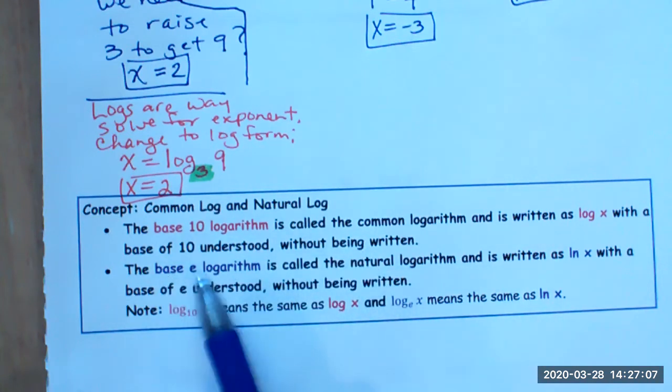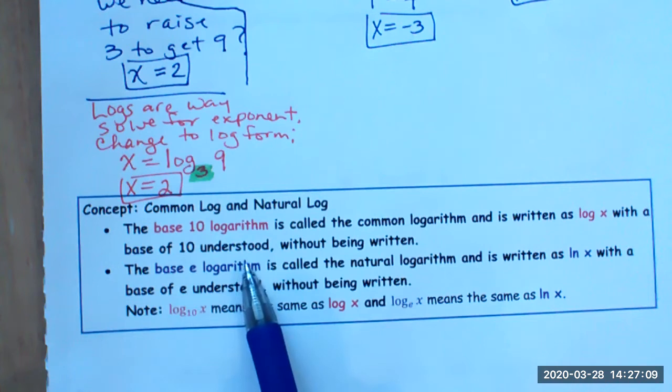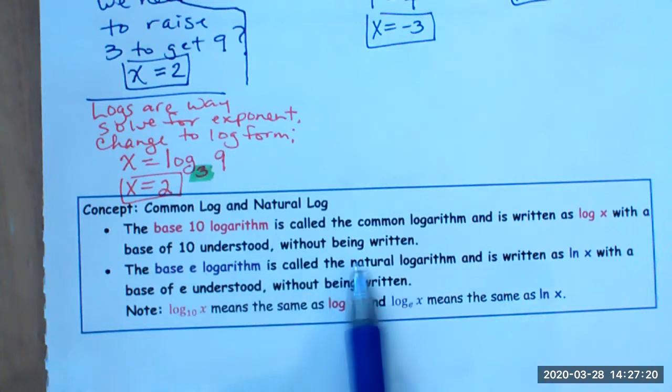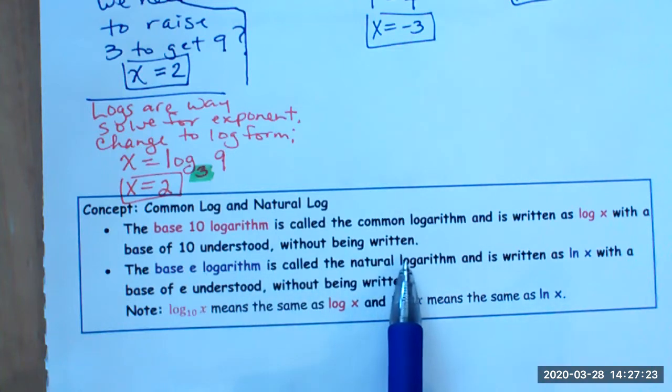The base e logarithm, remember e, we used it, for example, in continuously compounded interest where we had the PERT formula, A equals P e to the rt. That is called the natural logarithm, just like base e was the natural base.